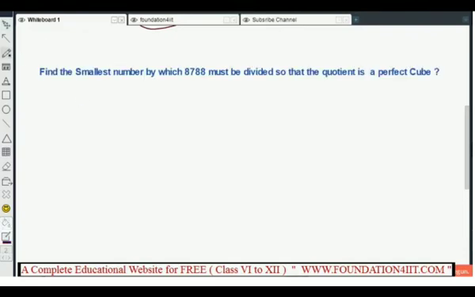So what is the smallest number by which 8788 must be divided so that the quotient should be a perfect cube? This is the question.